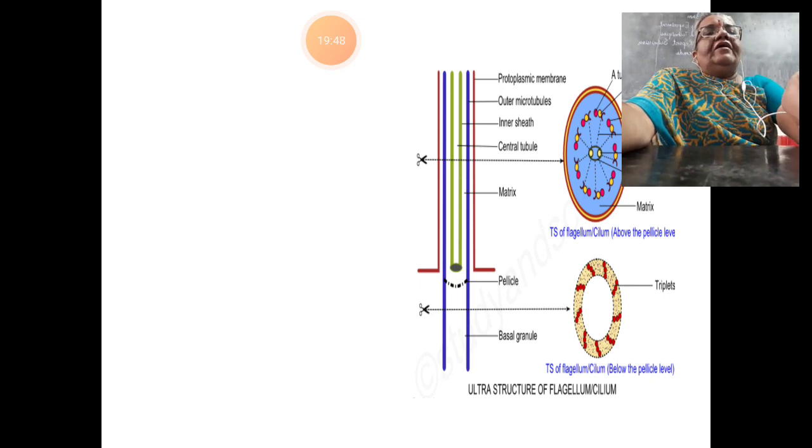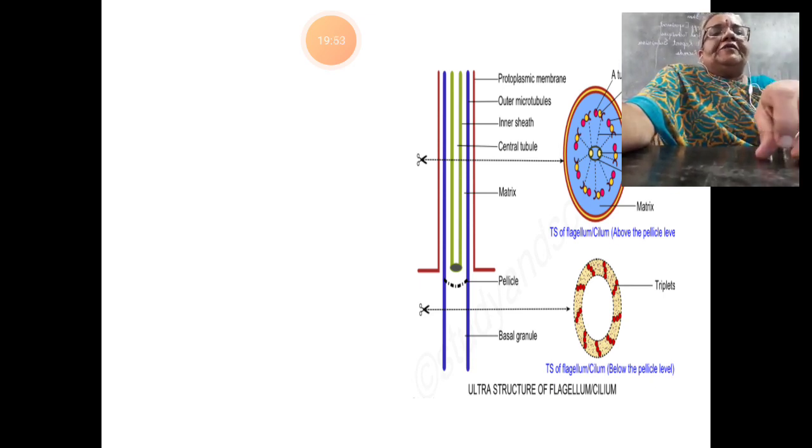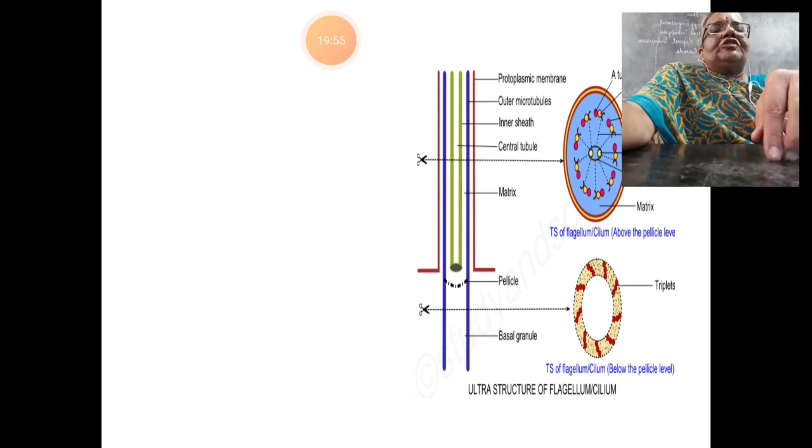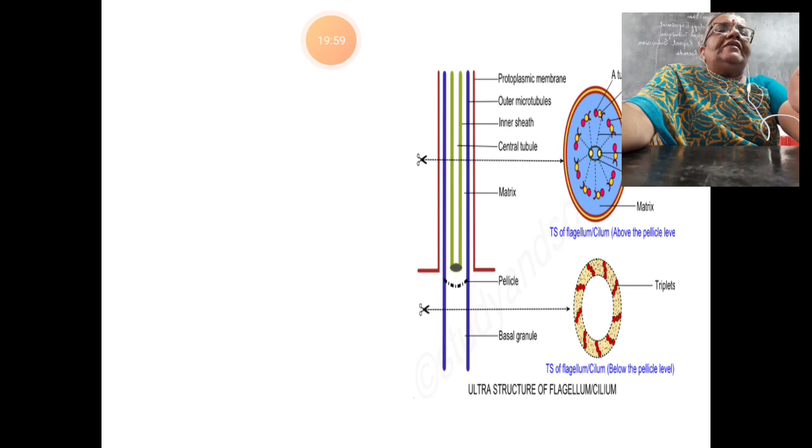Yeah. Here you can see a diagram. The first one shows the longitudinal section of the flagellum, and when a section is taken, how it looks is the blue colored one, and below that you find the cut section of a cilium. Okay.